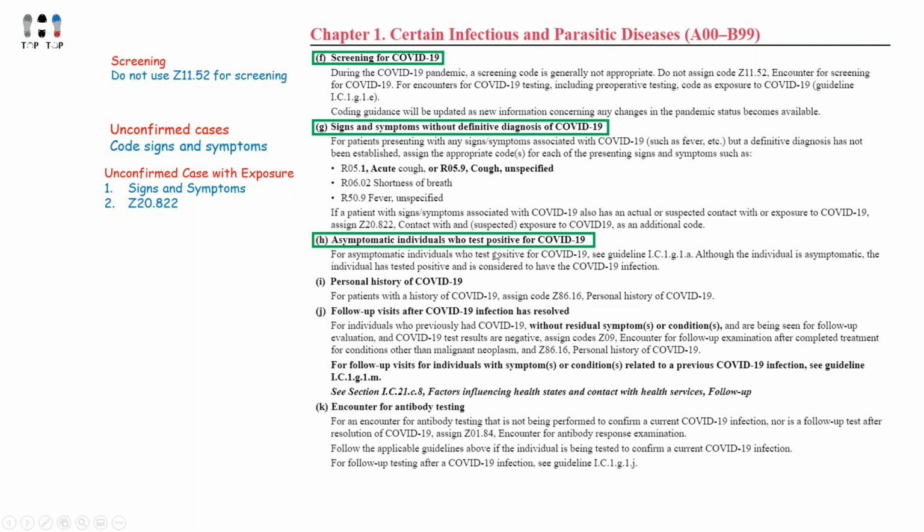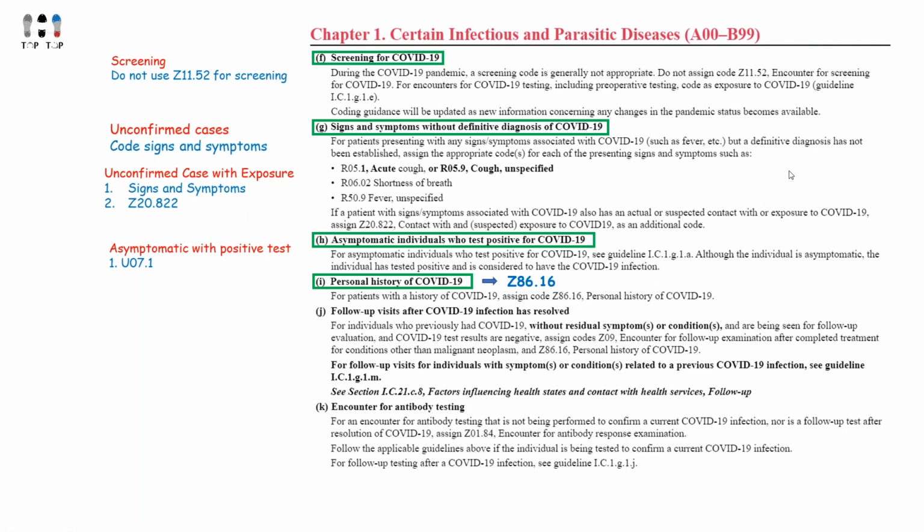Asymptomatic individuals who test positive for COVID-19. You don't have symptoms, but you're COVID-19 positive. U07.1, you have COVID. If a person has a personal history of COVID-19, you can go ahead and use code Z86.16.